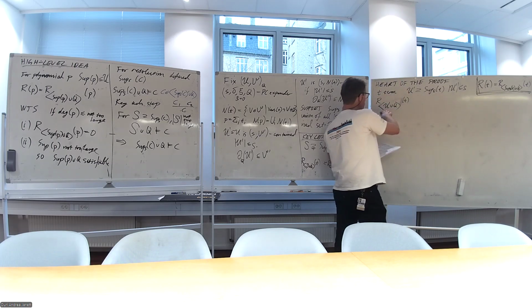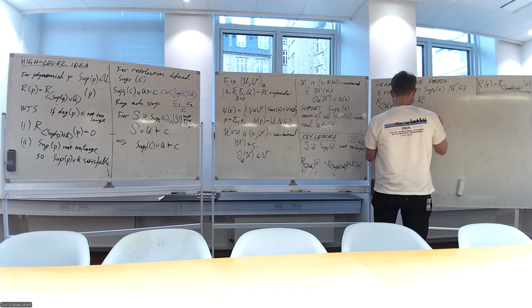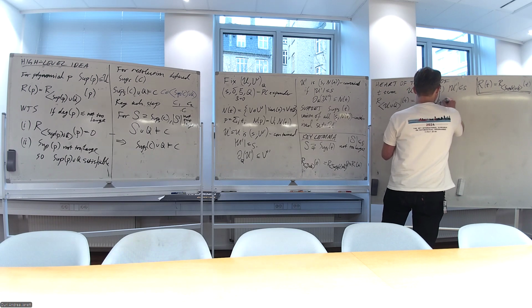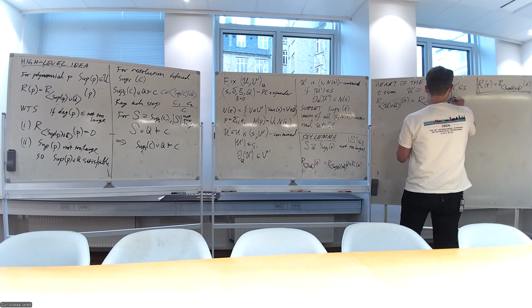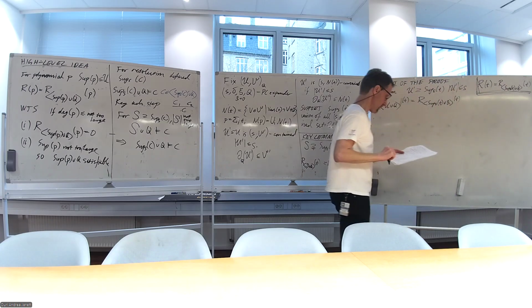So reducing modulo the polynomial ideal generated by all the polynomials in Q and all the PIs that live in U prime is the same as reducing modulo the support of T union Q, which is exactly how the R operator is defined.